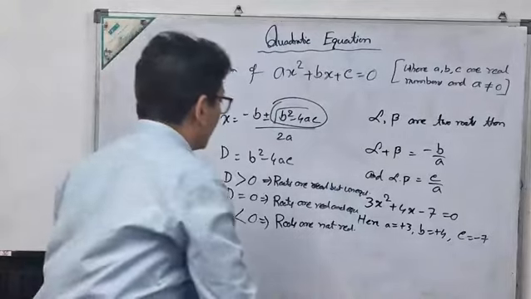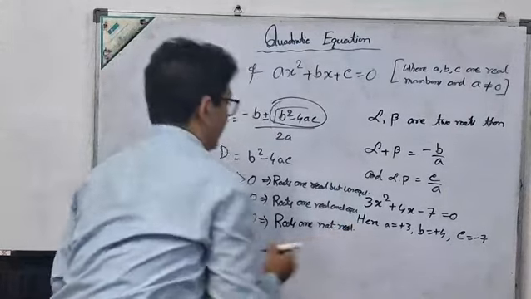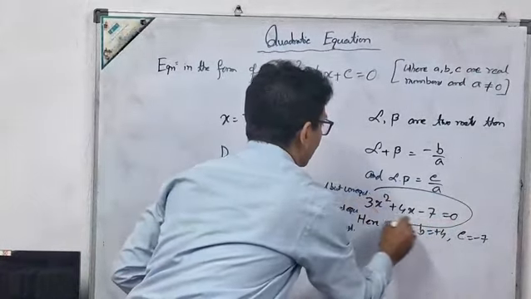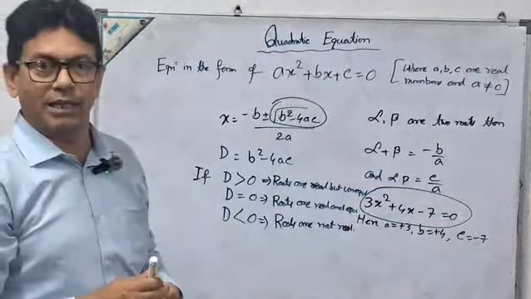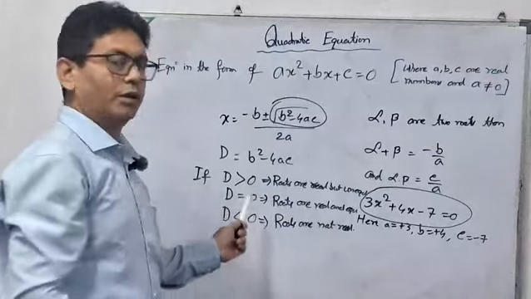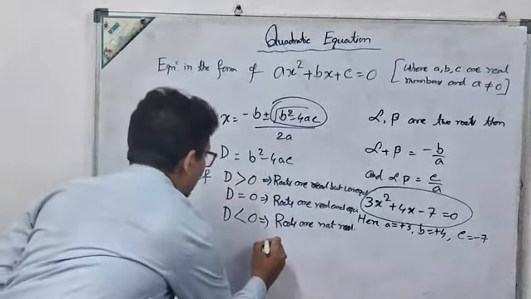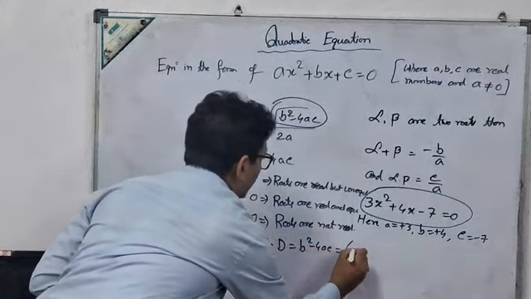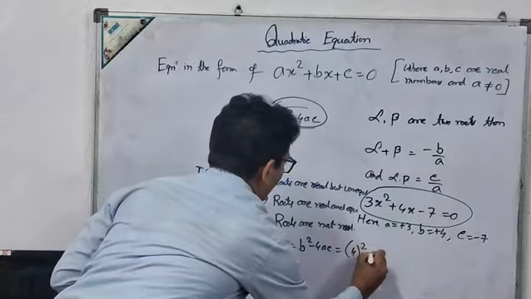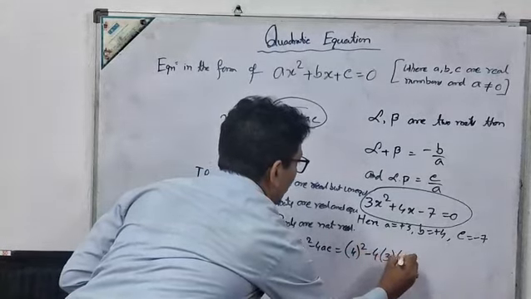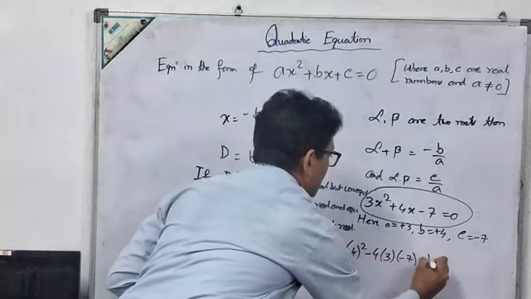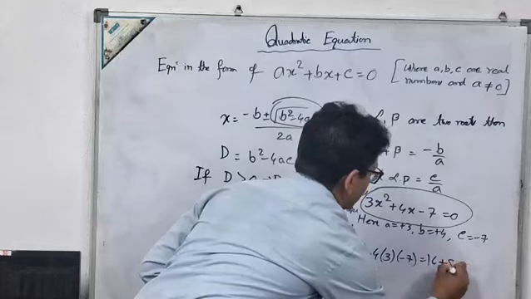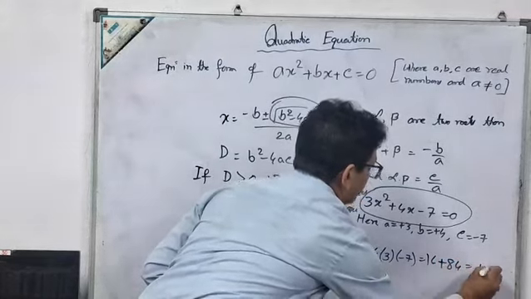It's a very important topic, because you will get questions here also. Suppose this is the given quadratic equation. In this quadratic equation we know the values of a, b and c, and if we put the values here, d is equal to b square minus 4ac, which is 4 square minus 4 into 3 into minus 7, that means 16 plus 84, that gives us 100.